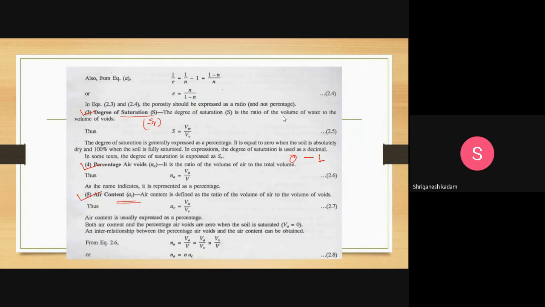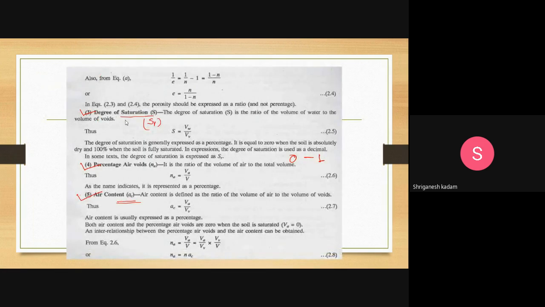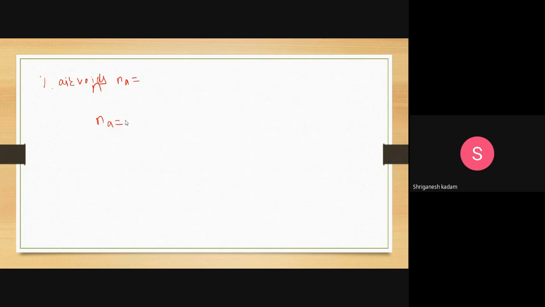Now there is a relation between percentage air void and air content. So we know what is the percent air void, Na. So what is Na? It is nothing but volume of air to the total volume.